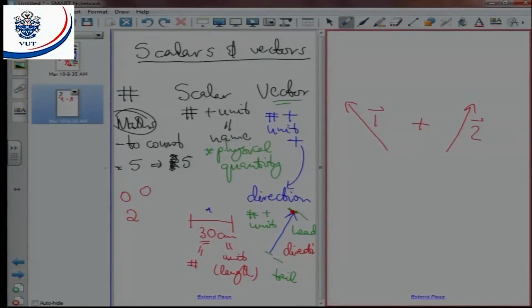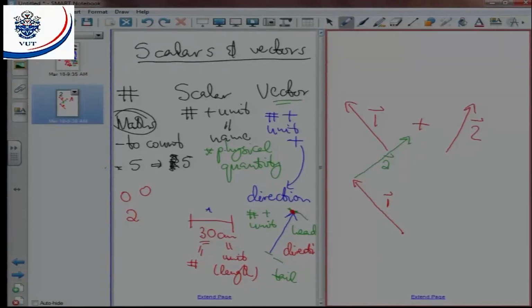So if I want to add these 2 vectors, there are 2 ways I can add them. I can either start and draw vector 1. So there's my vector 1, and then draw vector 2. That's how vector 2 looks.